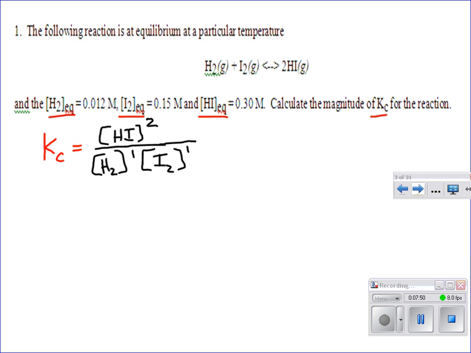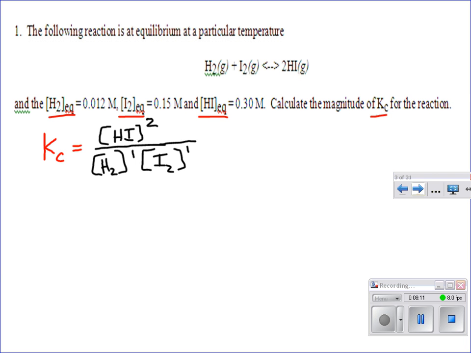Now, don't write this down, but people ask, what happens if something's a solid? Let's pretend it's not. But if that were a solid, we would have 1 over. That's what I mean when I say leave it out. It doesn't go in there at all. But that's just an example. That's not the truth here.